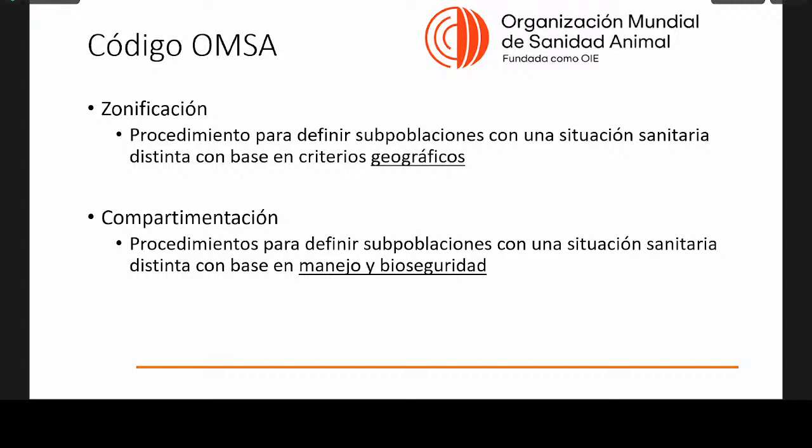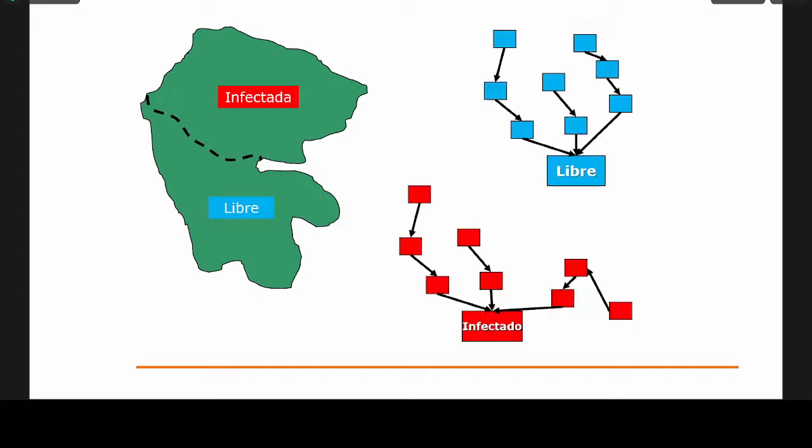Based on WOAH, zoning is a procedure to define subpopulations of animals with a different health situation based on geographic criteria. Compartmentalization has the same goal, but this separation of the populations with the different statuses is based on biosecurity and management. So we can see that for zoning, we can have a country with areas that are free and others that are infected.